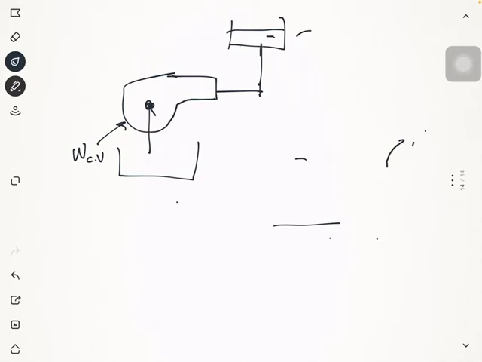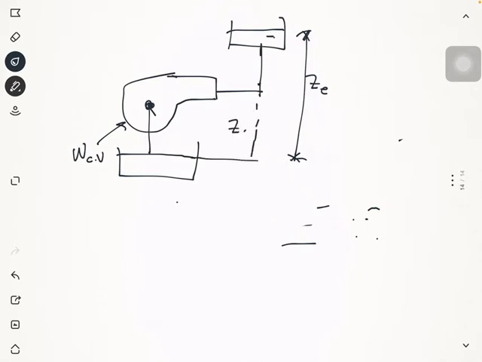This elevation, this is z_e. And here, this is z_i. Considering this is our reference point here.